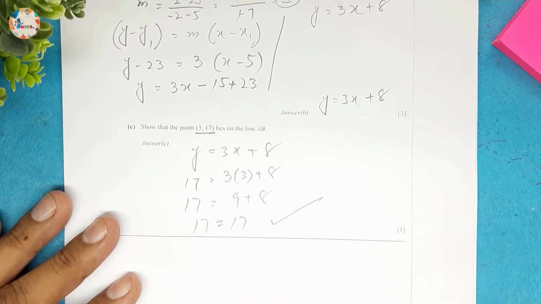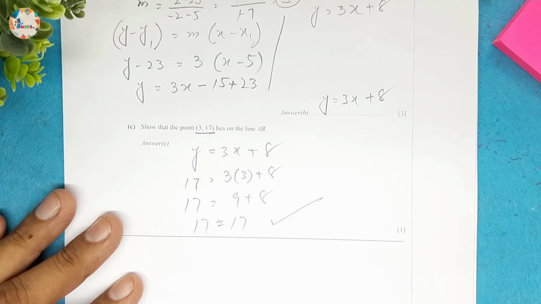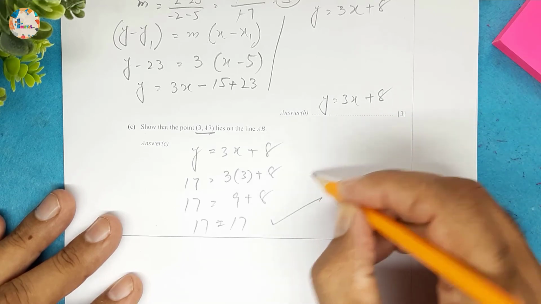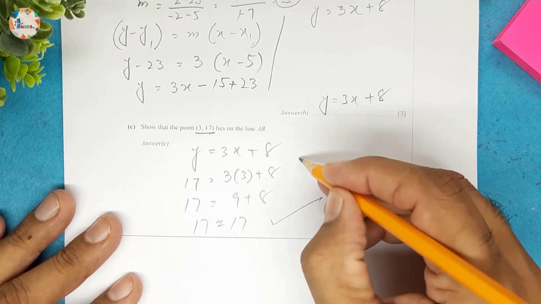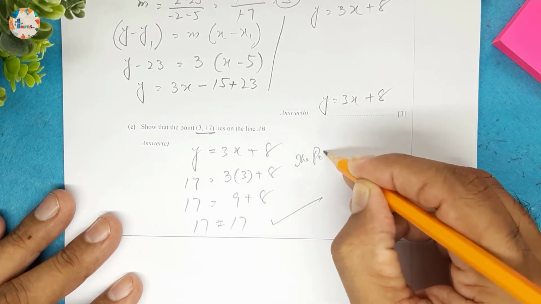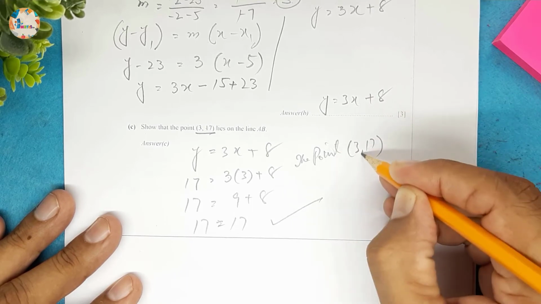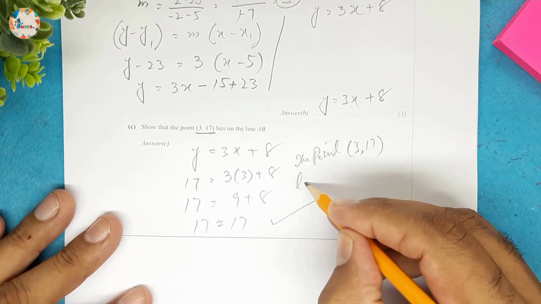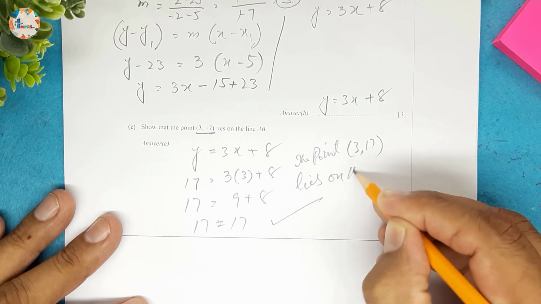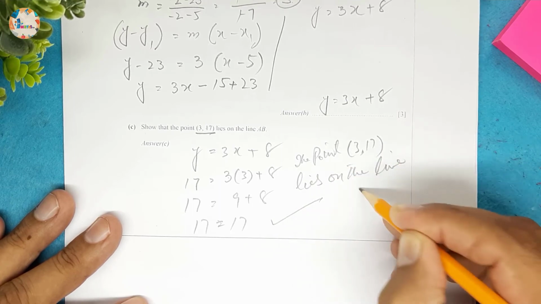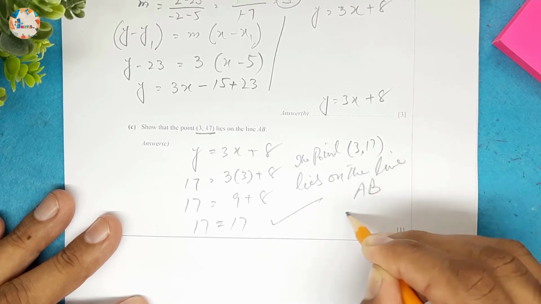So this implies the point (3, 17) lies on the line AB. That's all.